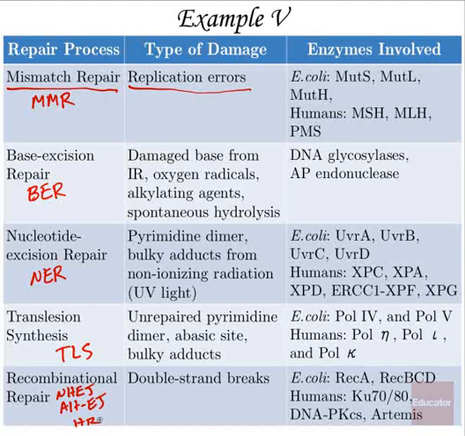And so in E. coli, RecA, the RecBCD complex is involved in that. In humans, the Ku70/80 heterodimer, as well as DNA-PKcs and Artemis are involved in the human side of that. And we will go over recombinational repair and specifically homologous recombination in the next unit.